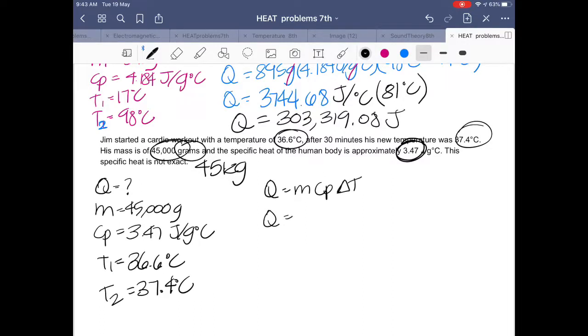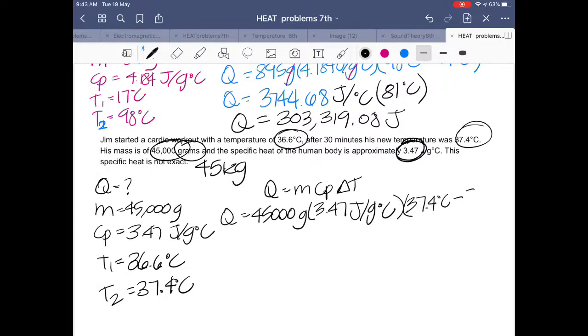Probably your temperature after your workout will be higher. Let me know if it's different. So you have 45,000 grams times 3.47 joules over grams per degree Celsius times 37.4 degrees Celsius minus 36.6 degrees Celsius.